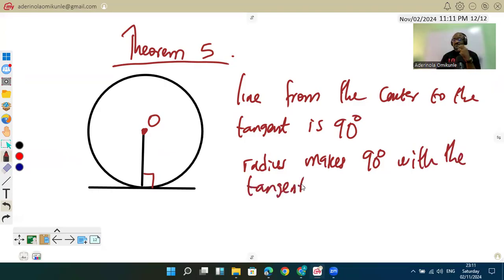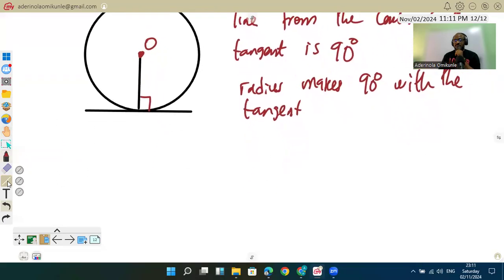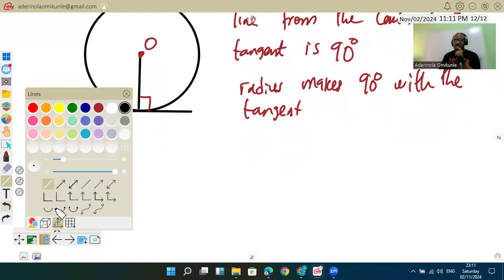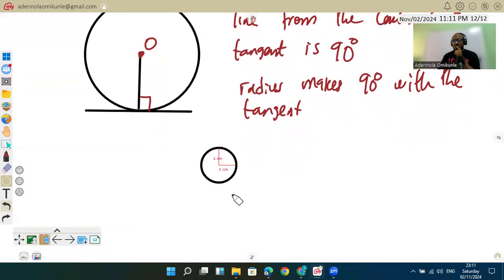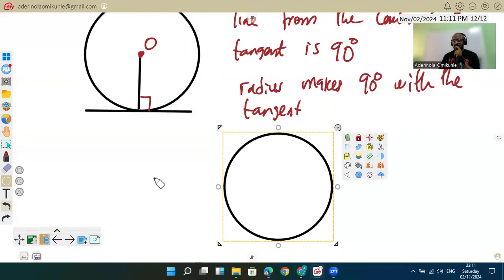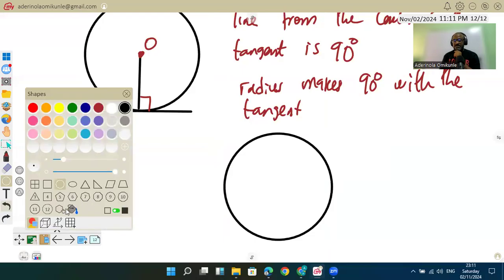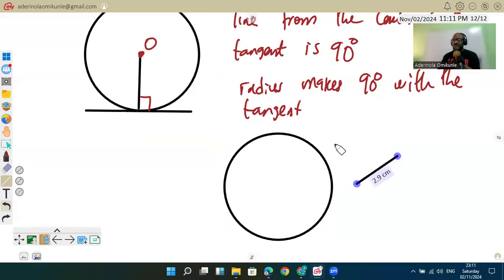So it could be in any way. Let me try and draw it differently. It can be like this. And then I have a tangent that goes like that.